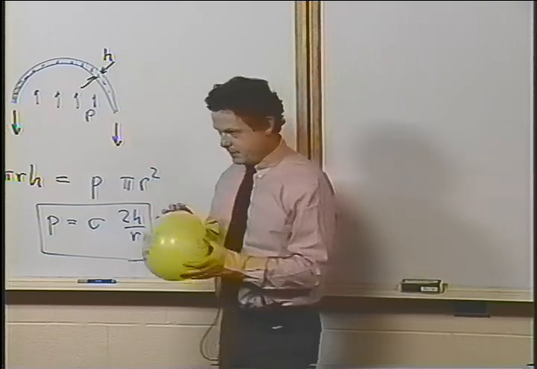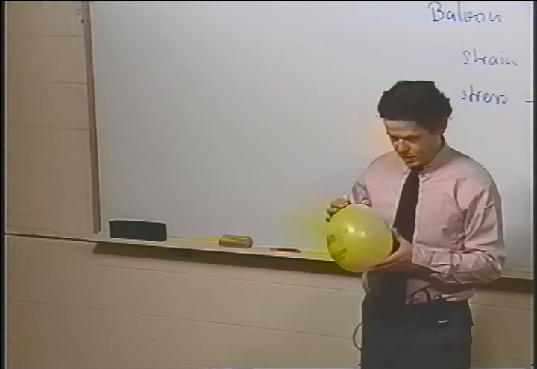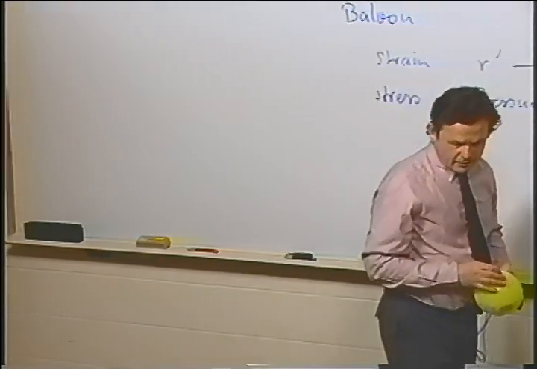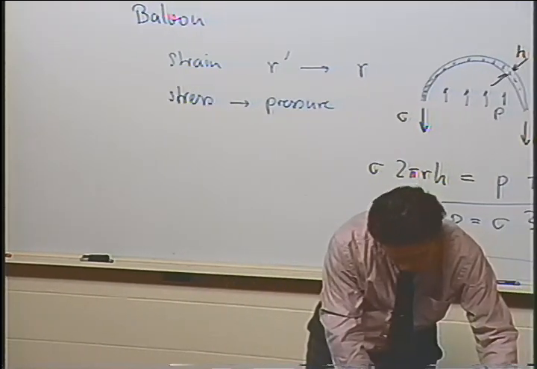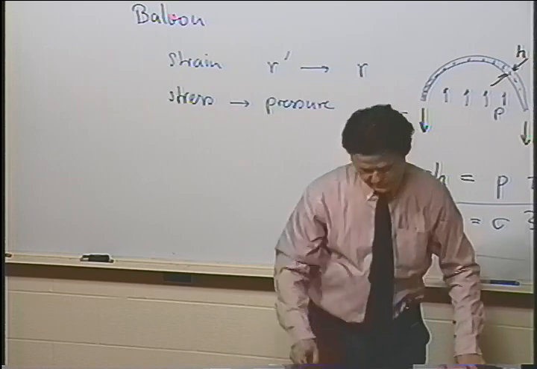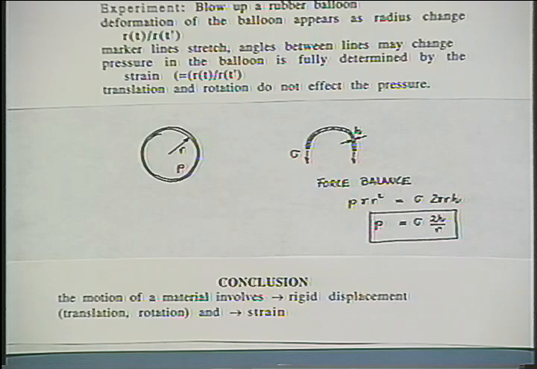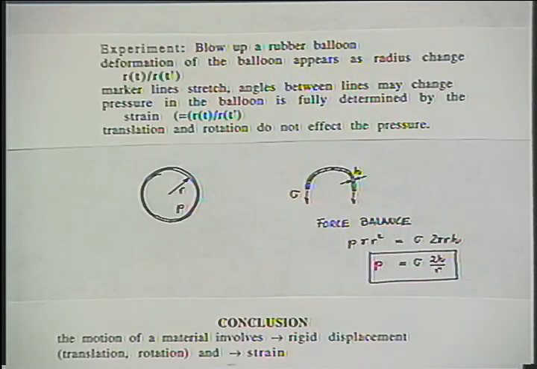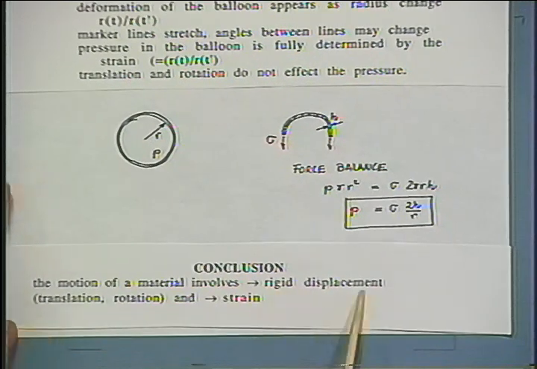So in this experiment, to come to a conclusion here, if I draw this down here on the bottom of this sheet, the motion which we introduce by blowing up the balloon and by walking and rotating, this motion involves a rigid displacement.